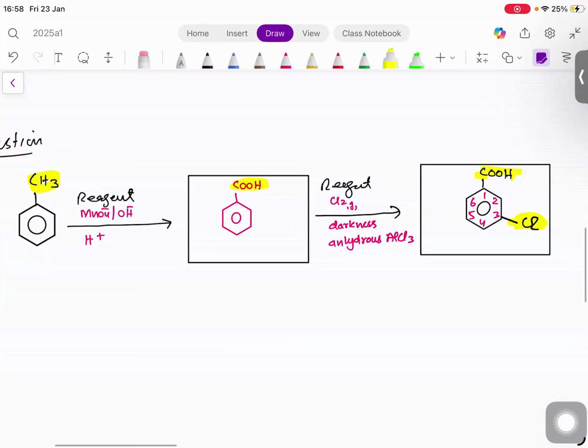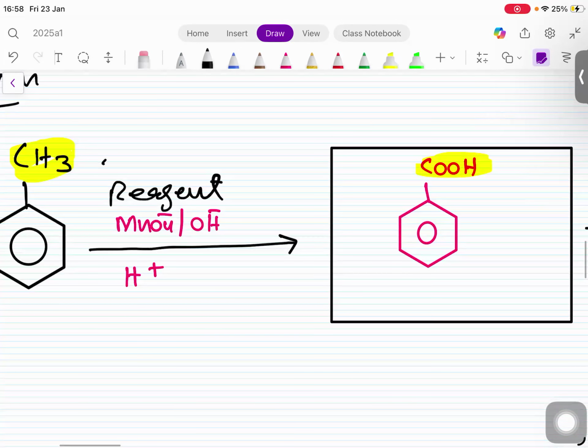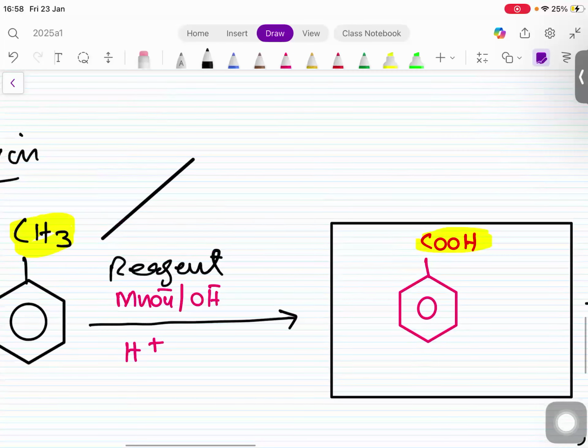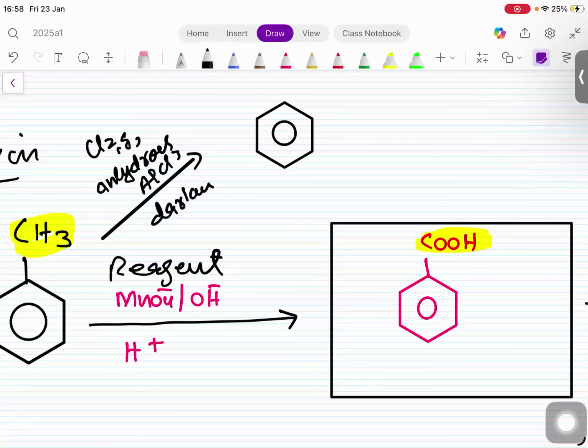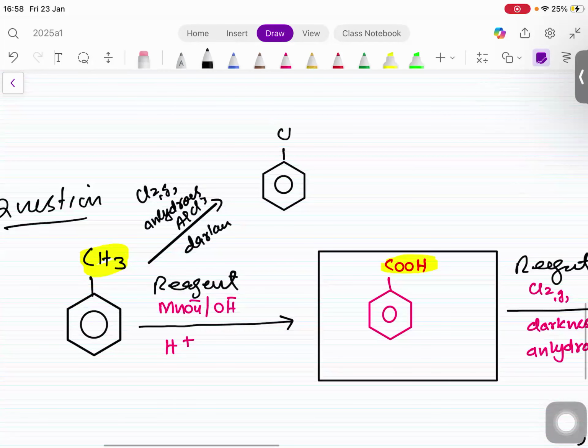Let's say, for the sake of argument, if I would have done it the other way around, let's say if I chlorinated it first. If I reacted it with Cl2 gas, anhydrous AlCl3, and darkness in the first step, what happens? Now in this case, the chlorine that will be substituted, because CH3 is a 2 or 4 directing group, is going to go at, let's say, carbon number 2.